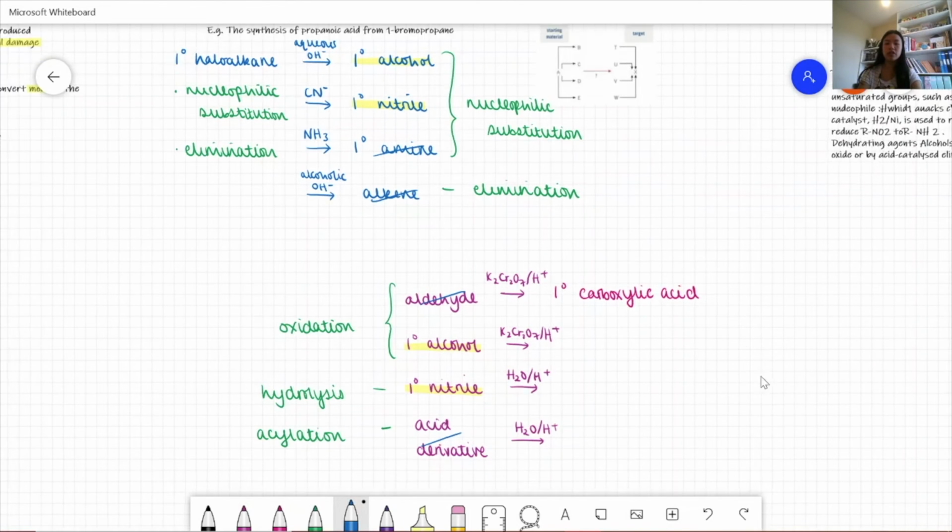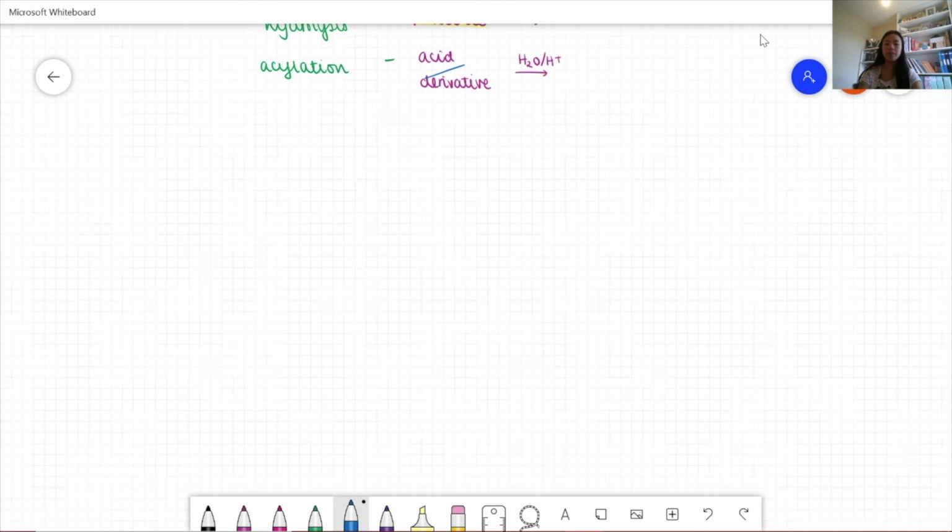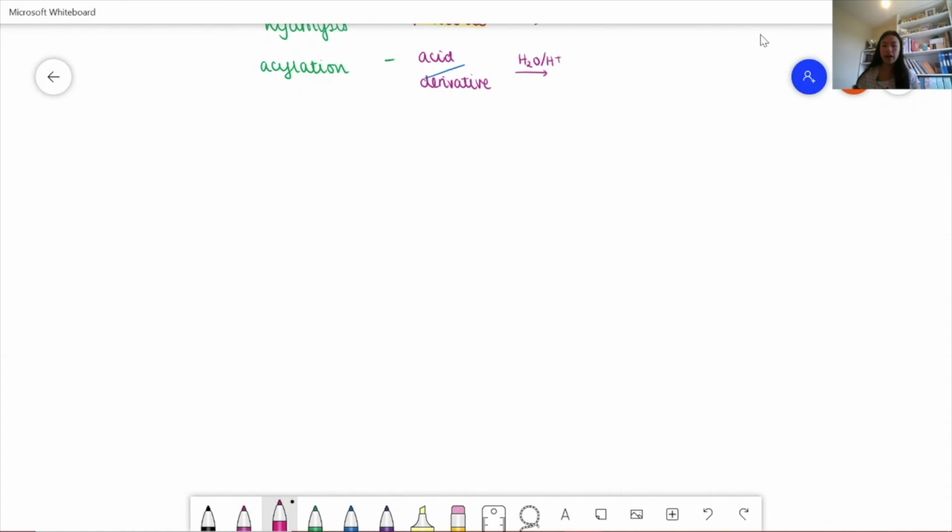So we're going to start off with our primary haloalkane. So we have 1-bromopropane, which is CH3, CH2, CH2, Br. This is our 1-bromopropane.